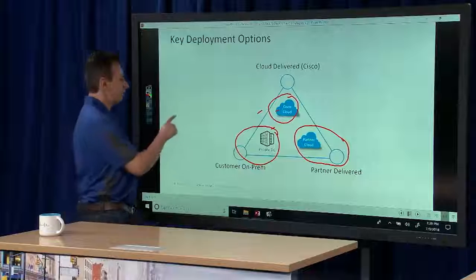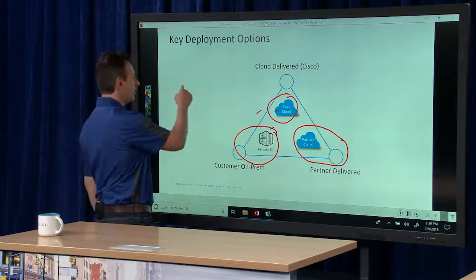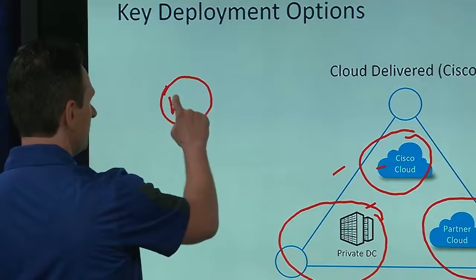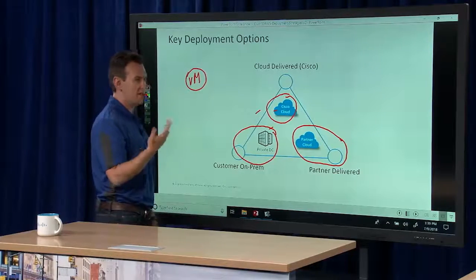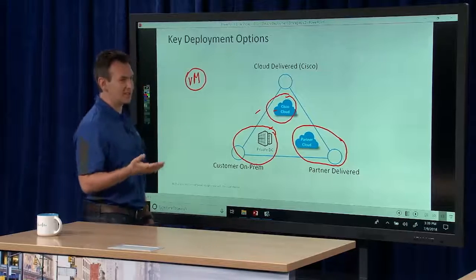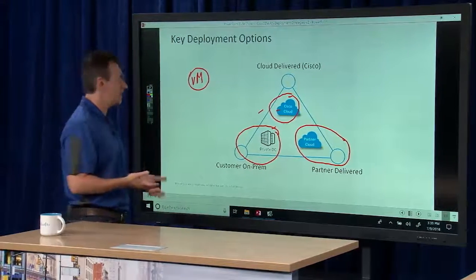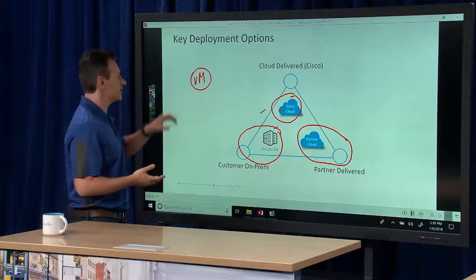That's a very good point. What we're talking about here, again, are the solution elements of the SD-WAN infrastructure, which is really the management piece in the form of vManage, which is a virtual element. We're not going to discuss in this section how that gets delivered and what some of its attributes are, but keep in mind that this is the management element of the solution. It's all virtualized.